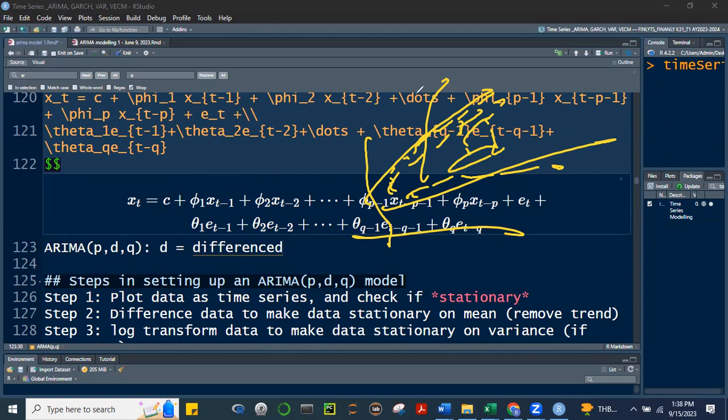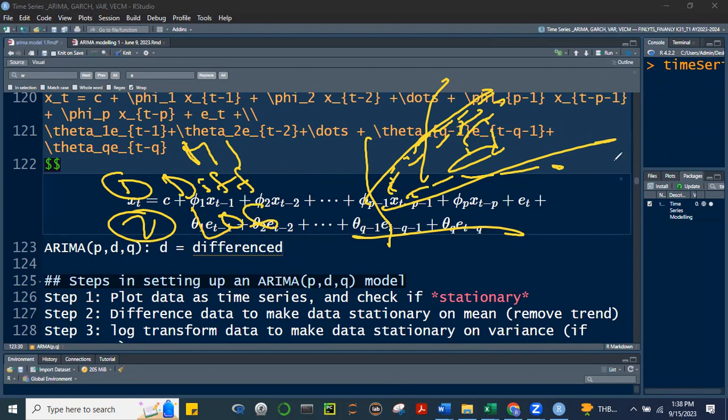What do we do with this? So two ways. Either you get the difference first, method one, M1: you get the difference and then get the log. Or M2: you get the log and then get the difference.